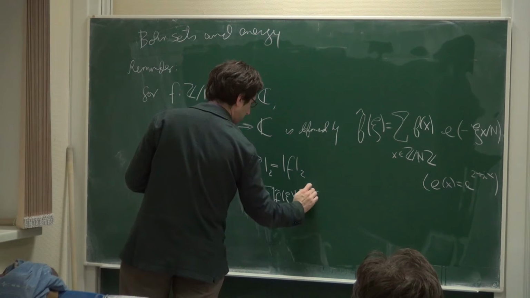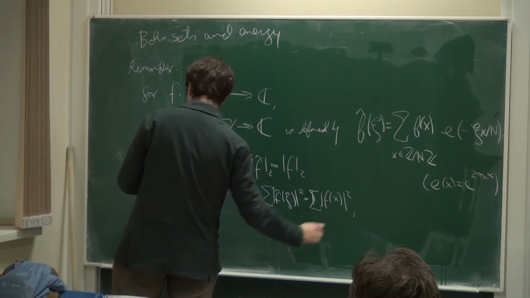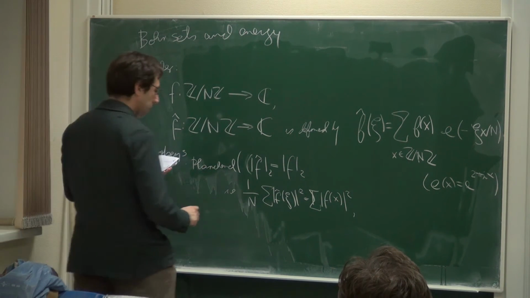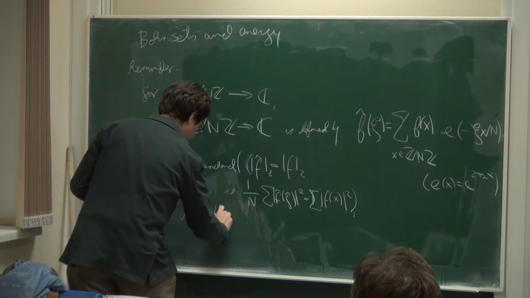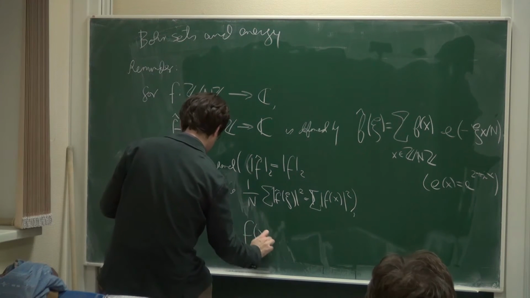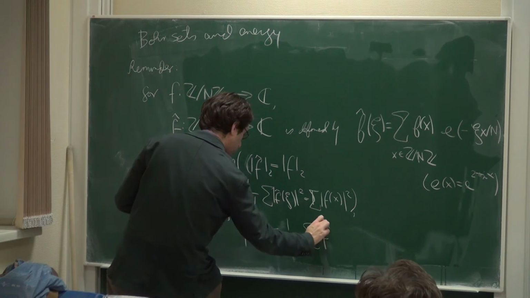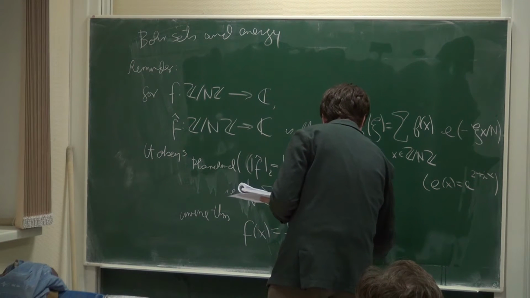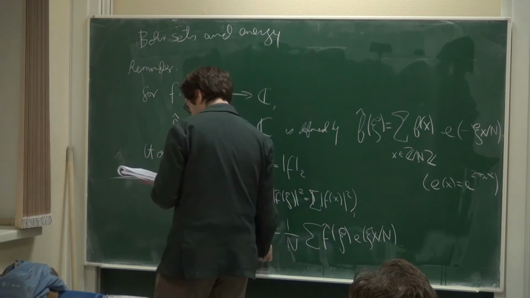This is easy to check. We also have the Fourier inversion theorem and so on, all the usual rules of the Fourier transform. I'm just writing these things down so that the normalization is clear.